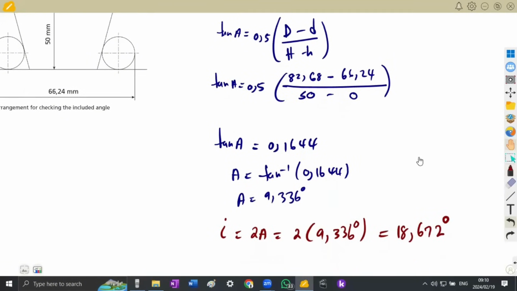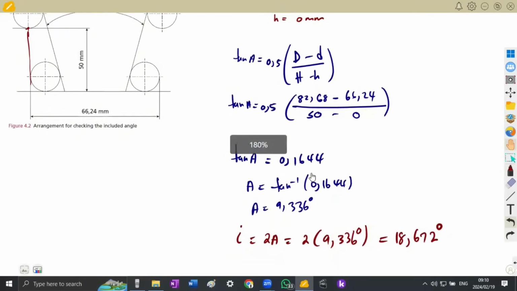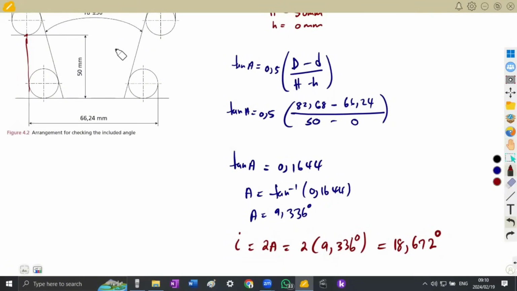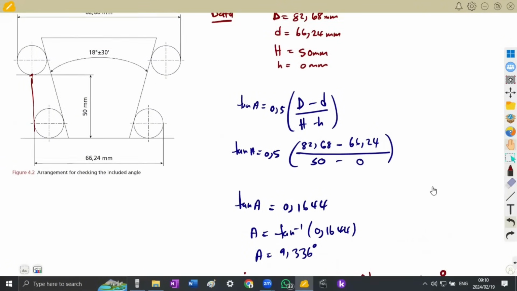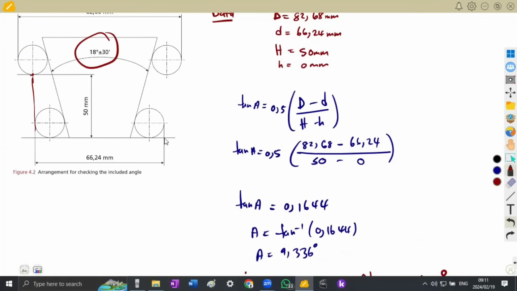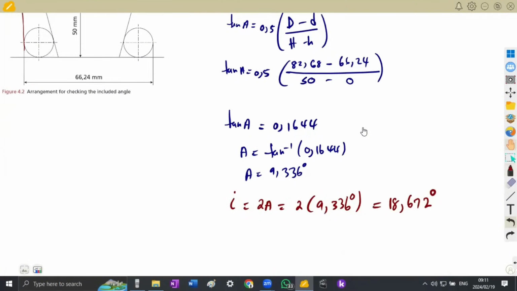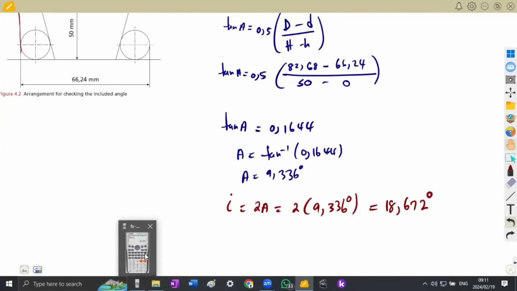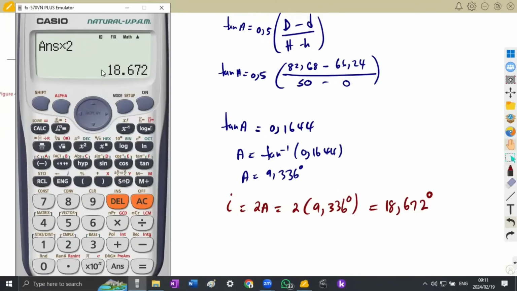But if you check here, the angle given as our included angle in the diagram is in degrees and minutes. So you are supposed to have your answer in degrees and minutes as well, so that you can compare it, because you are supposed to check if it lies within the limits.